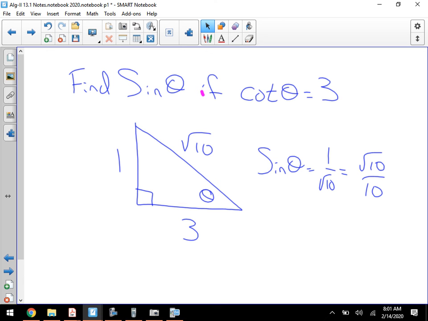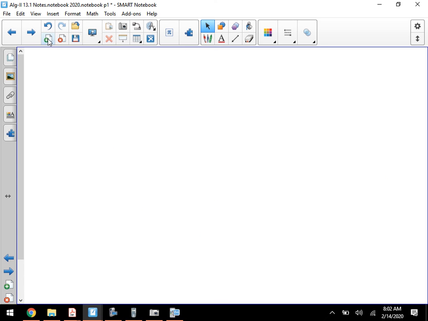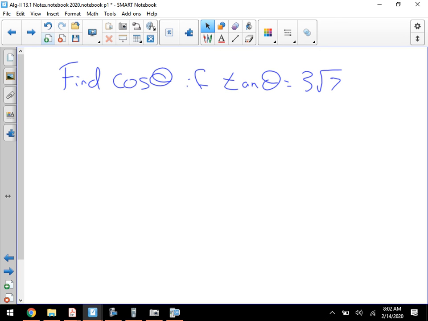Maybe there's any other weird ones. Oh, I'll throw this one in. Find the cosine if tangent of theta is 3 root 7.